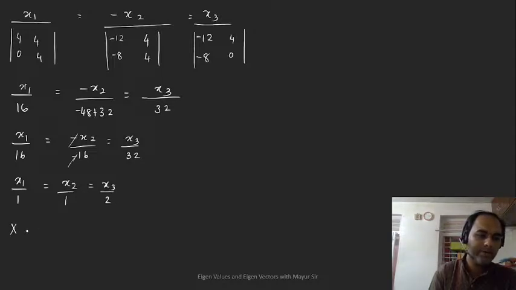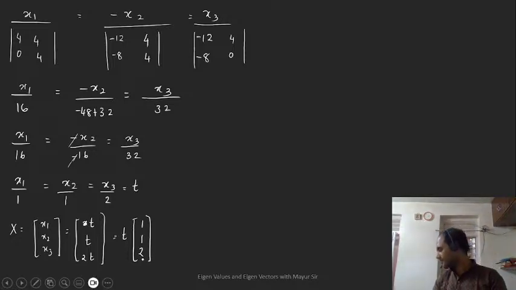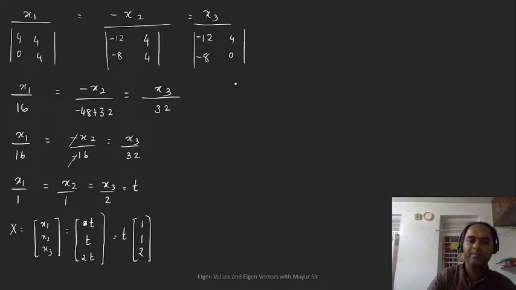So my eigenvector is basically x1, x2, x3. I can now write this as, if I put t over here, then it is t, t, 2t. With t taken outside, it is 1, 1, 2. So my eigenvector is basically 1, 1, 2.